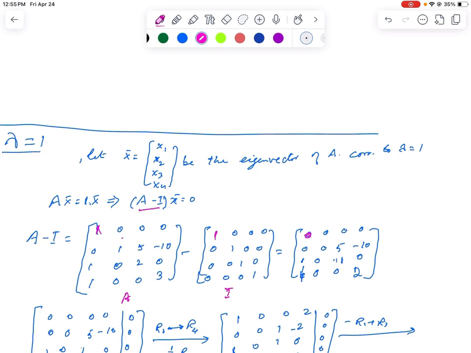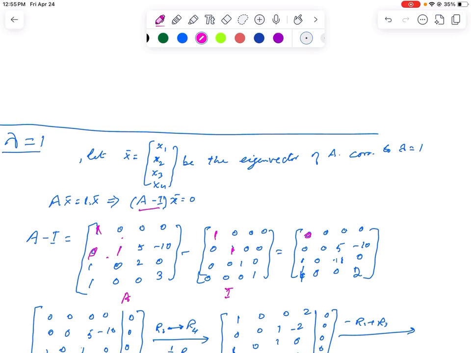The second row is 0, 0, 5, negative 10, because 5 minus 0 is 5, and negative 10 minus 0 is negative 10.